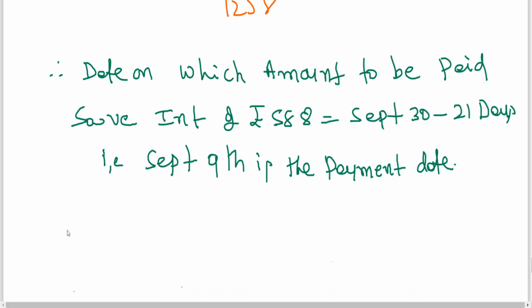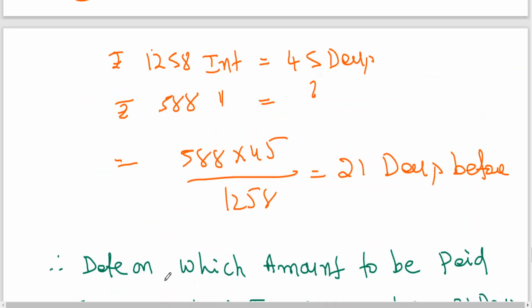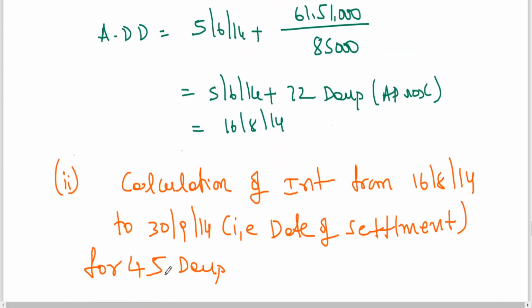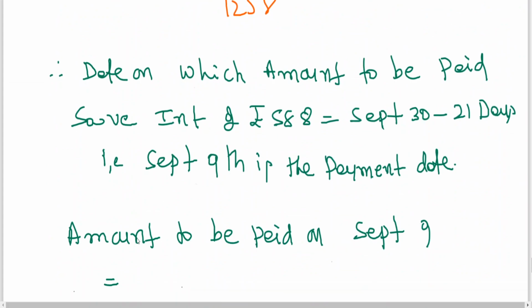So we also can write the amount to be paid on September 9 is equal to the actual bill amount, 85,000, plus 1258 actual interest, but he wants to save 588 rupees.